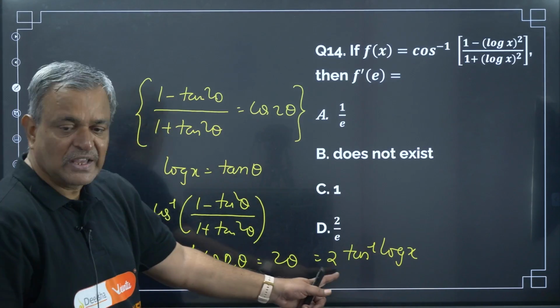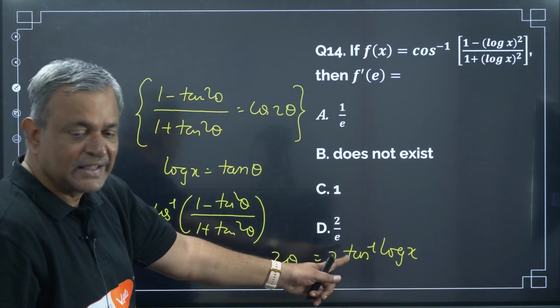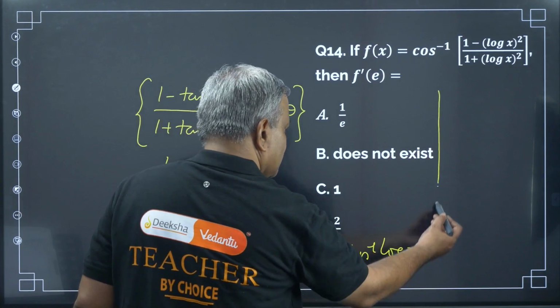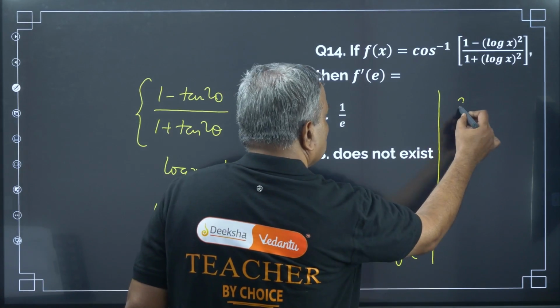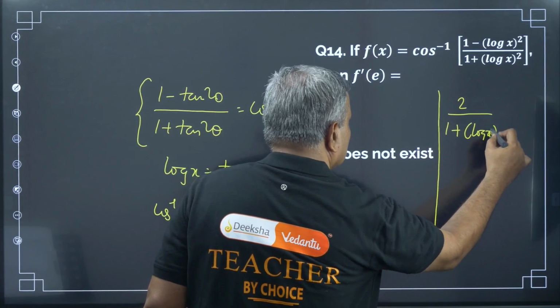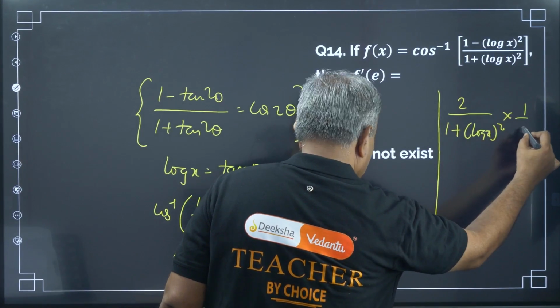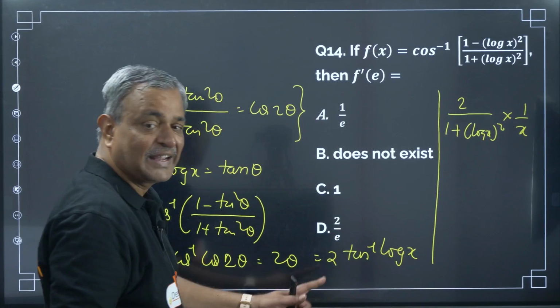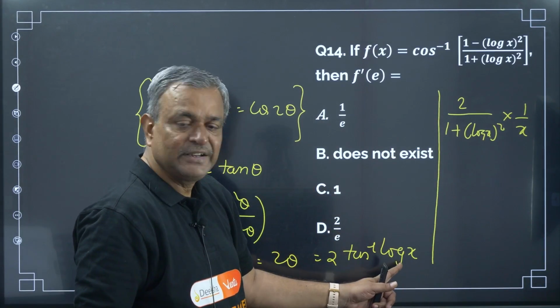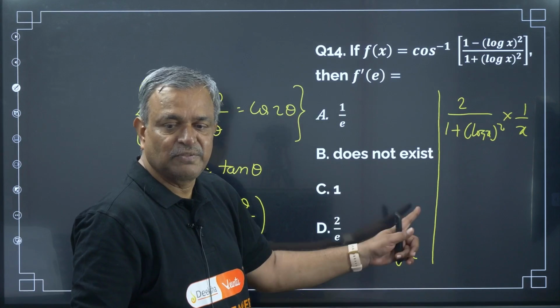Theta is nothing but tan inverse log x, so it is 2 tan inverse log x. But he is asking the derivative of it. 2 tan inverse log x. Now you can very easily find the derivative. What's the derivative? 2 by 1 plus log x whole square into 1 by x, because tan inverse x derivative is 1 by 1 plus x square, and log x derivative is 1 by x.